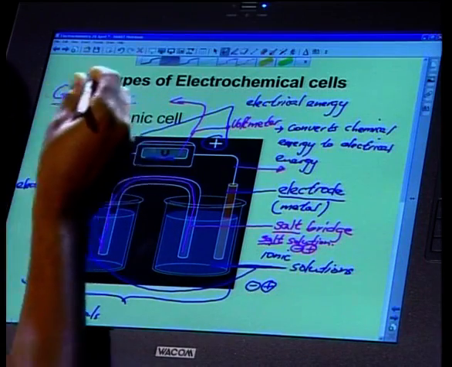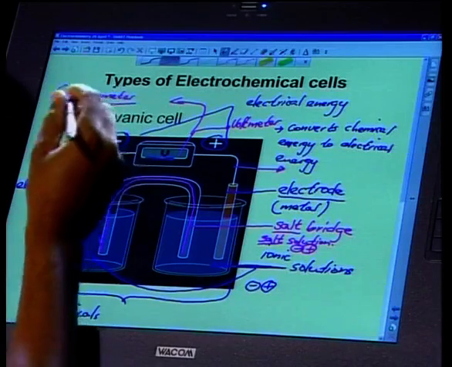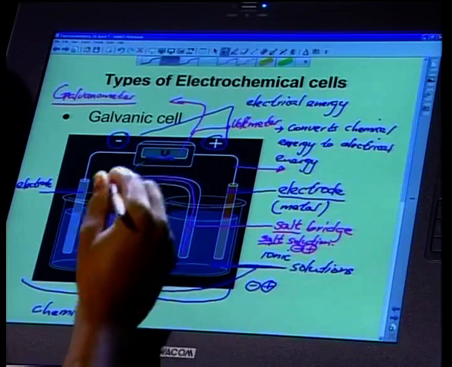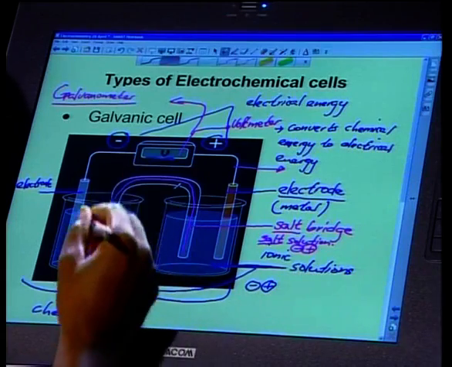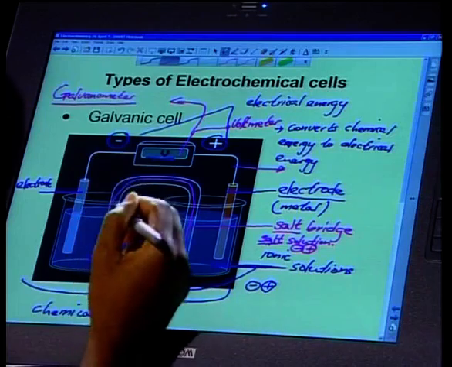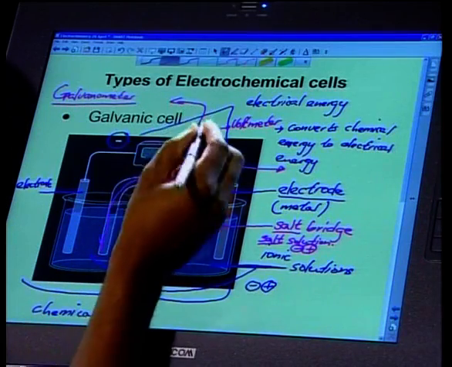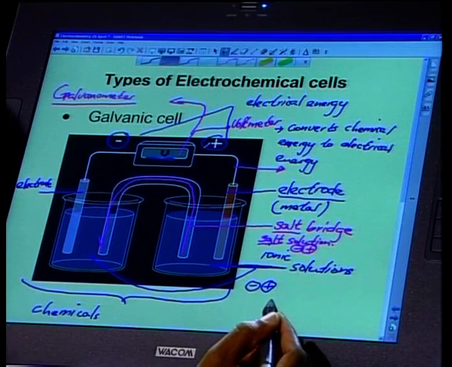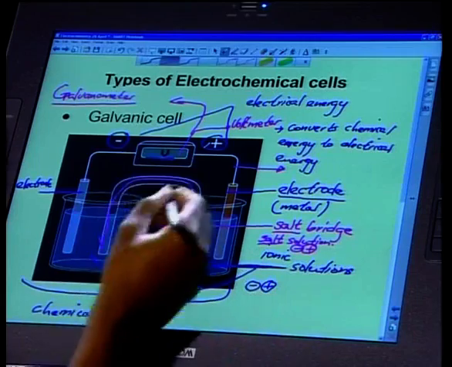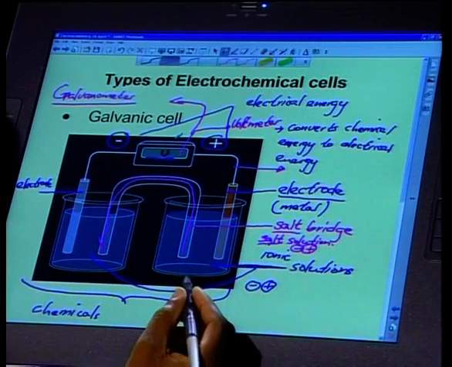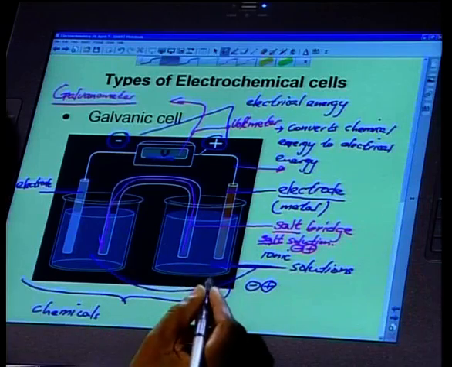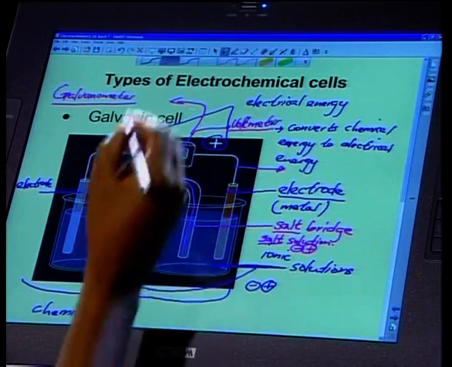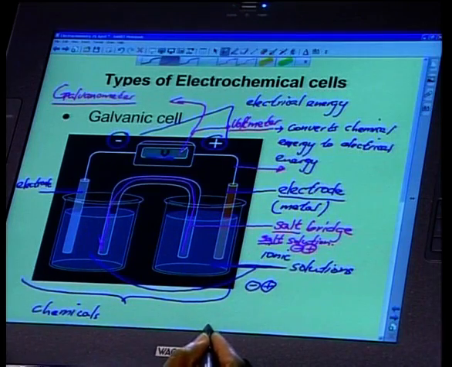So it is always better to use a galvanometer to measure the potential energy that comes from this cell, because the voltmeter will need large energy to be coming out in order to work much better for us to see any deflection of the needle. So we normally use a galvanometer, but of course a voltmeter could be used.